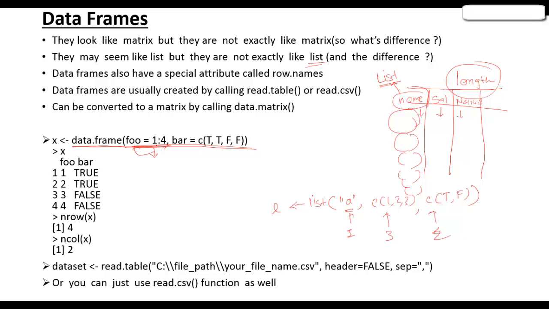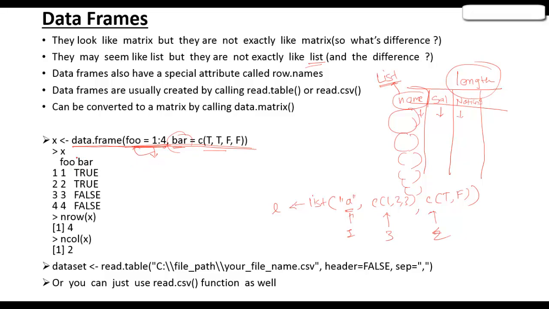Now we are passing a vector of 1 to 4 named FOO. Then there is bar, equal to C(T, T, F, F). That means this is again a vector of TRUE, FALSE, FALSE, and bar is the name of that particular vector. Okay.